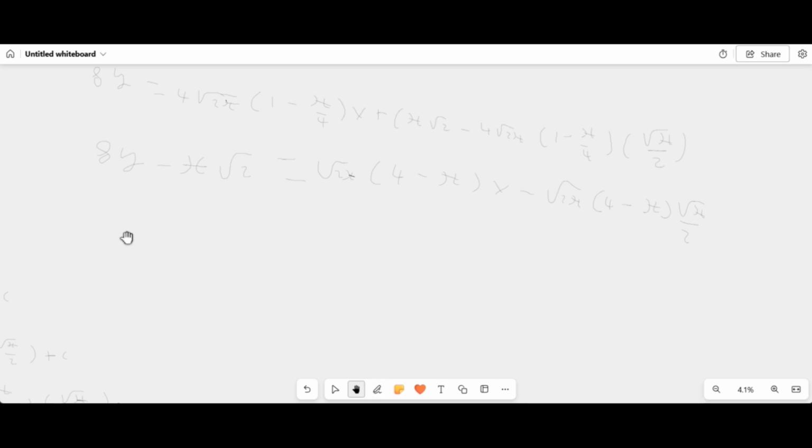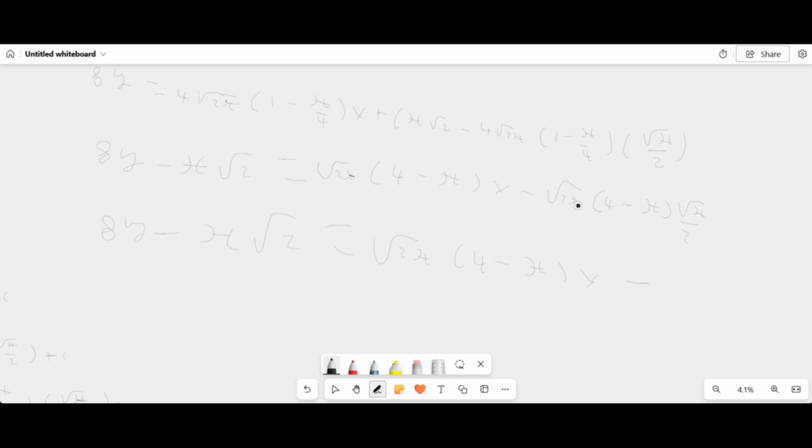Alright, cool. What you want to do from here is basically take this 8 pi minus pi root 2 and make it equal to root 2 pi, 4 minus pi x. And then here, what you want to do is times root pi by root pi.